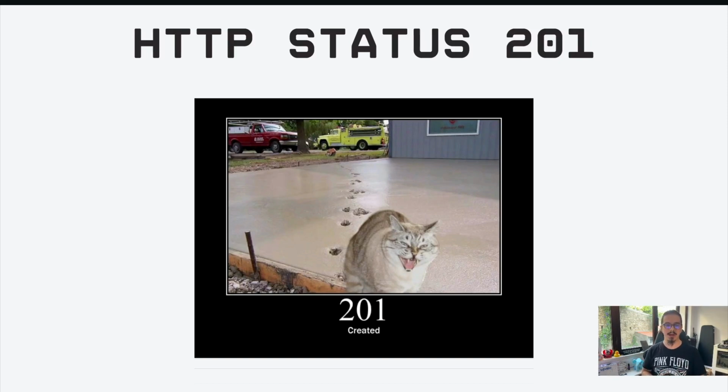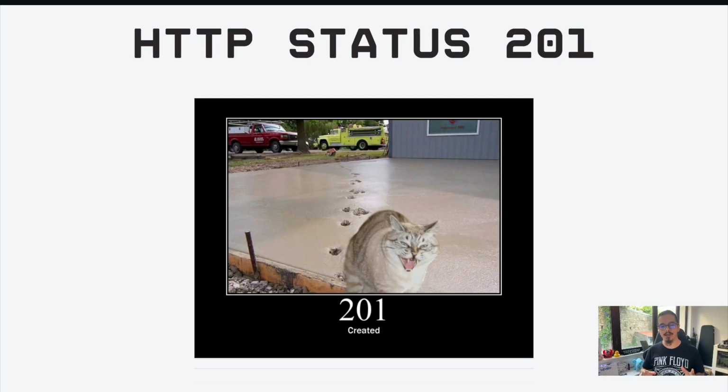For example, I have a blog and an endpoint that creates a new post. When the user goes there, types the title, writes the article to be published, and saves, it creates a new post, a new instance, and that would be created, not OK.